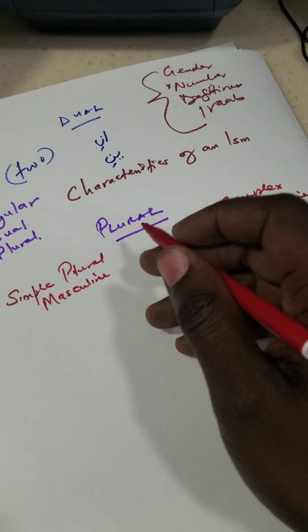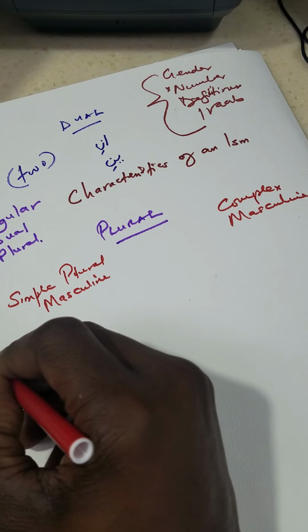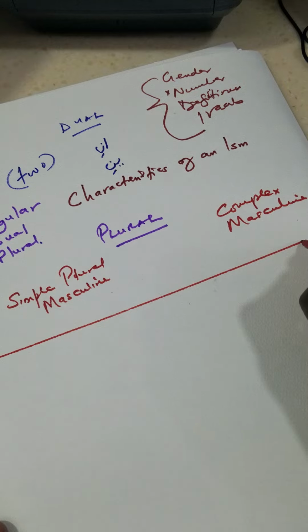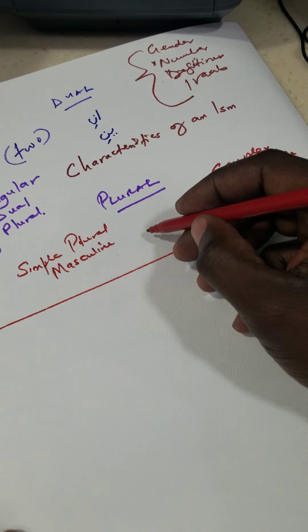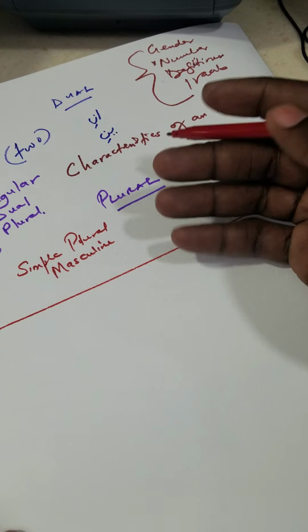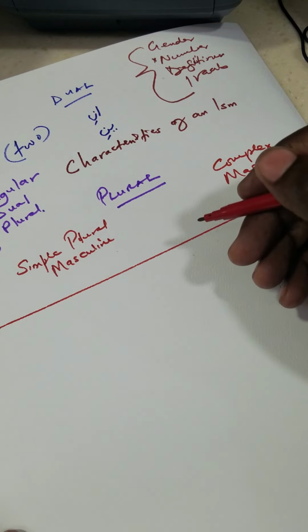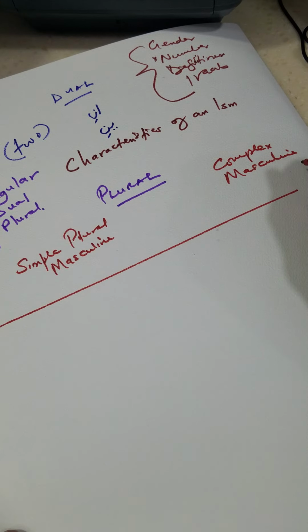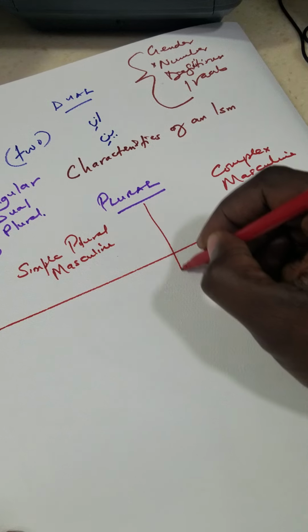We said let us look at the masculine now, and even the masculine, there will be a difference. There are some words which are simple. The simple plural is going to be different from the complex plural. But we want to make an attempt and see what happens.